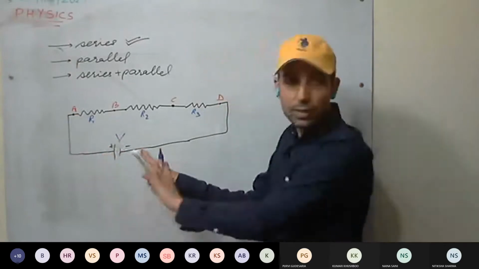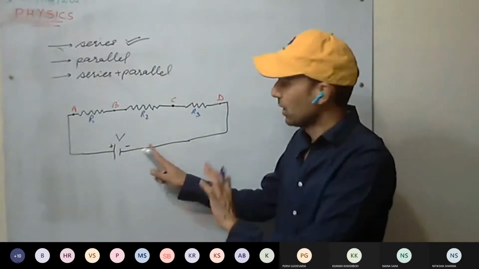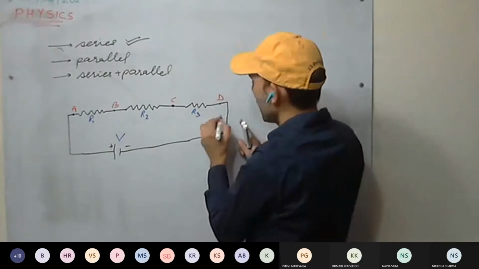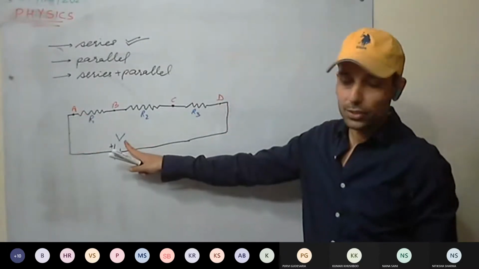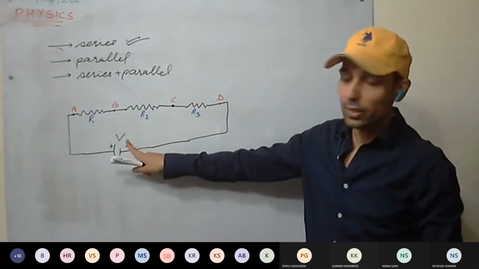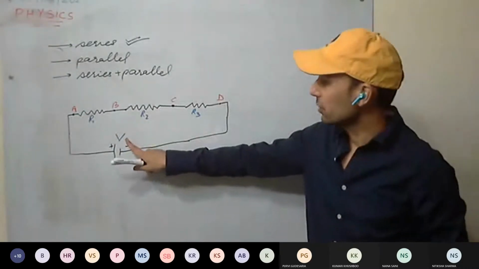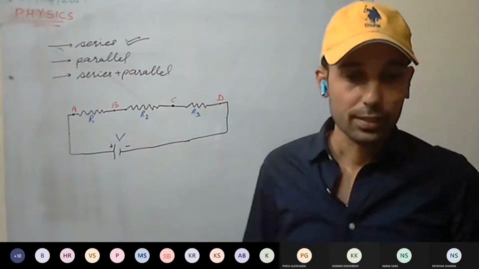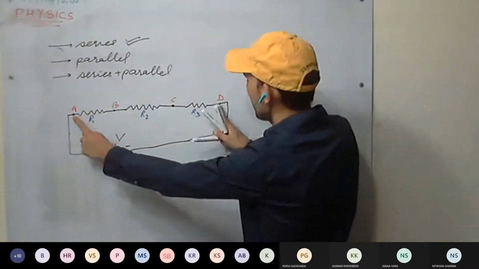So we won't take EMF or internal resistance, we are skipping those. What potential difference is available across these two endpoints, A and D, that is V, the terminal voltage. Since we are not discussing EMF and internal resistance, we simply call it potential difference, or V. Now V is across A and D.